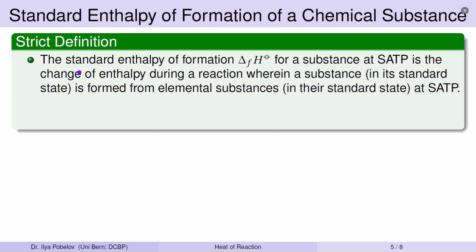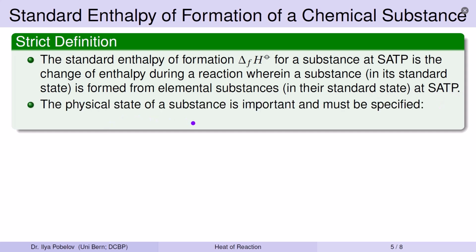In its strictest sense, the standard enthalpy of formation for a substance is defined at SATP. It represents the change of enthalpy during a reaction wherein a substance in its standard state is formed from elemental substances which are also in their standard state at SATP.